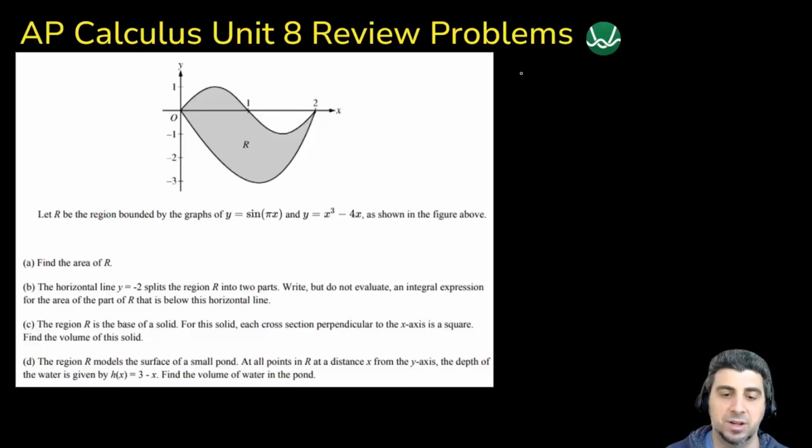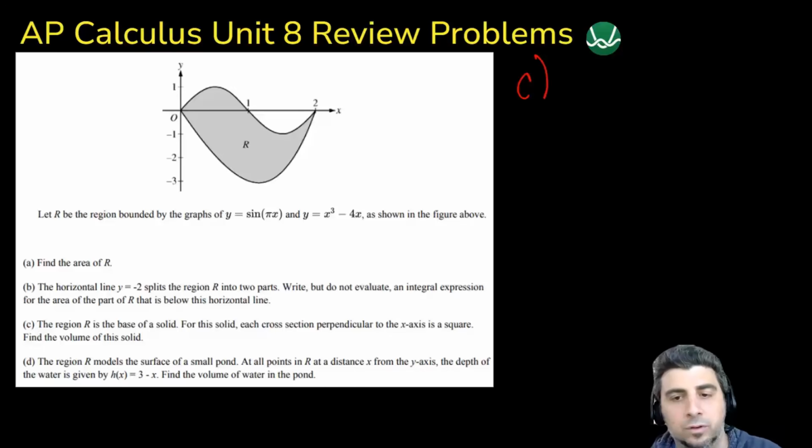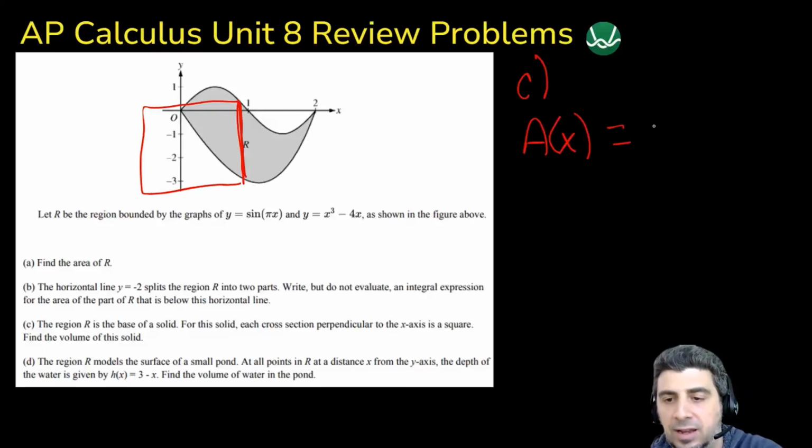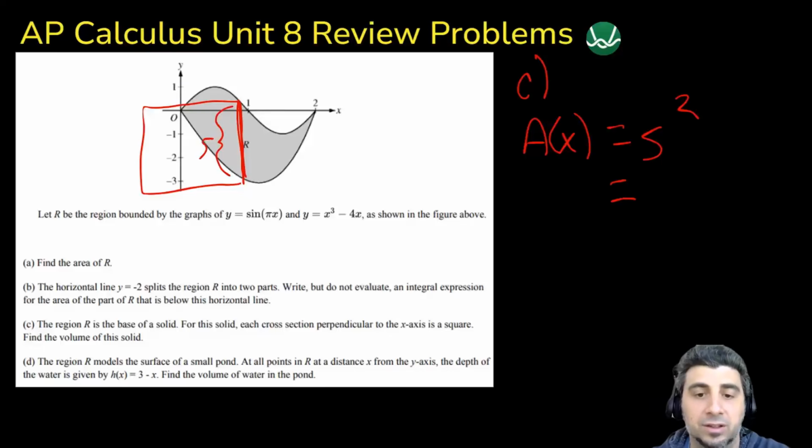Moving on to part C, the region R is the base of a solid. For this solid, each cross-section perpendicular to the x-axis is a square. Find the volume of this solid. What you have to imagine is a vertical slice perpendicular to the x-axis and then a square. The area function for a square is the side length squared. In this case, this distance right here is the side length of that square.